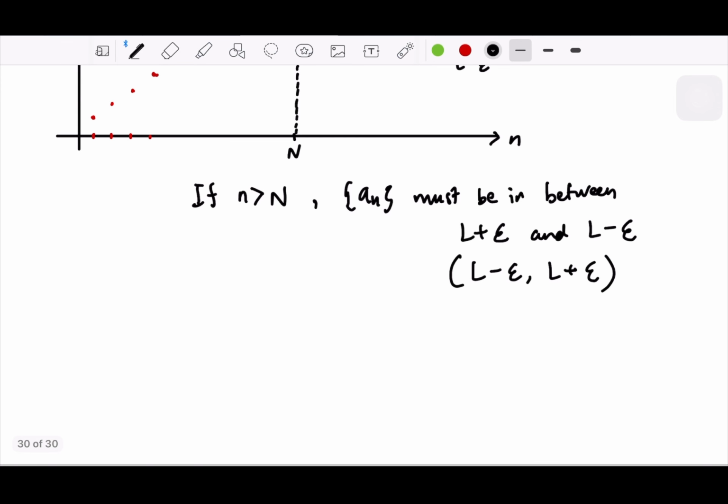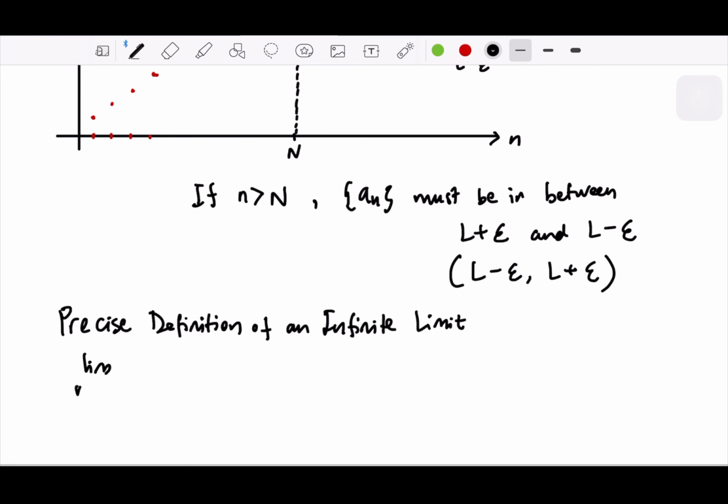And there's another point that is still in the precise definition, but this is for the infinite limit.